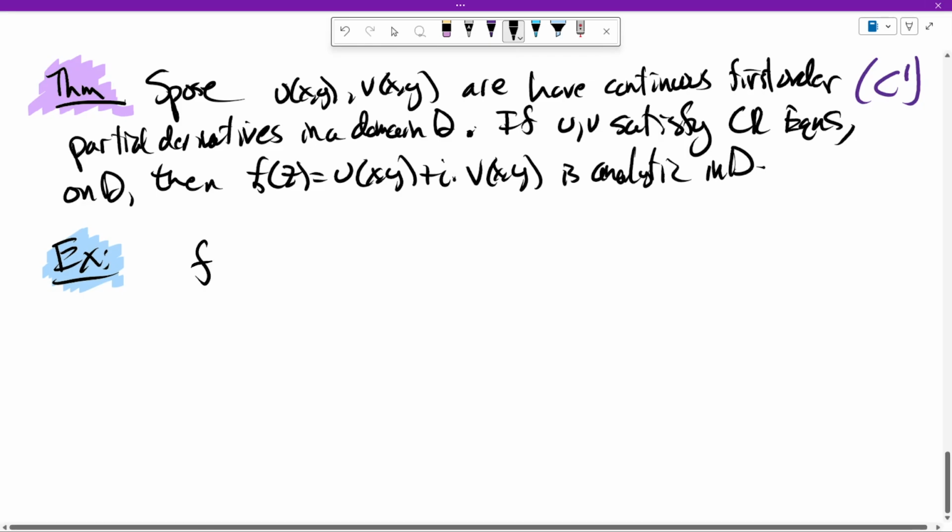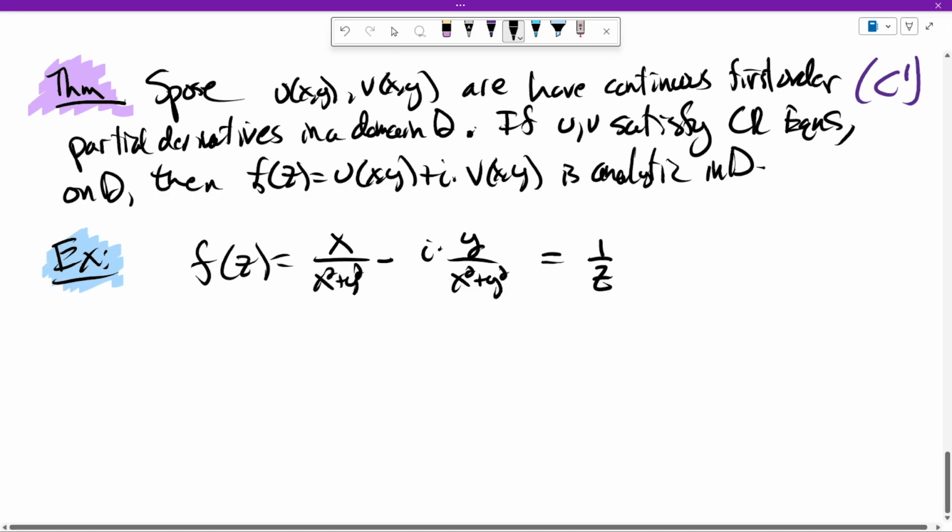So we're going to look at the function which has real part x over x squared plus y squared, and imaginary part y over x squared plus y squared. You might notice, if you remember doing real and imaginary parts, that this is the function 1 over z, or equivalently, z bar over modulus z squared. So u of x,y is that guy, and v of x,y is this guy, but you have to include that negative sign.